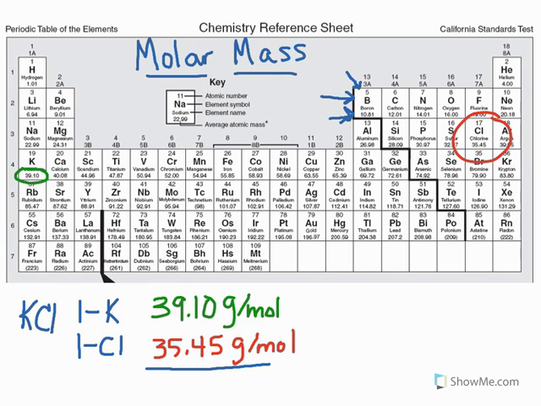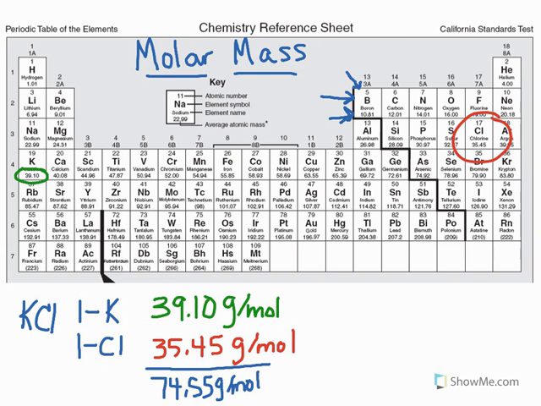And so as I add them up, I get 39.1 plus my 35.45, and that gives us 74.55. So that's going to be the molar mass for potassium chloride.